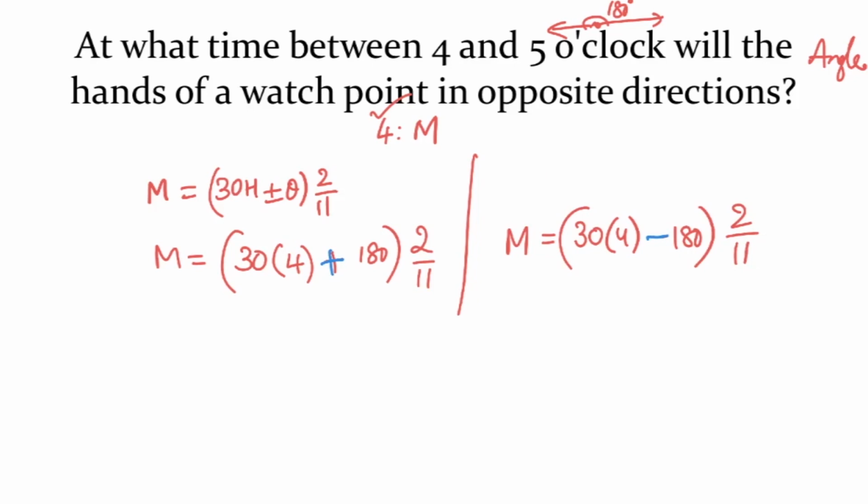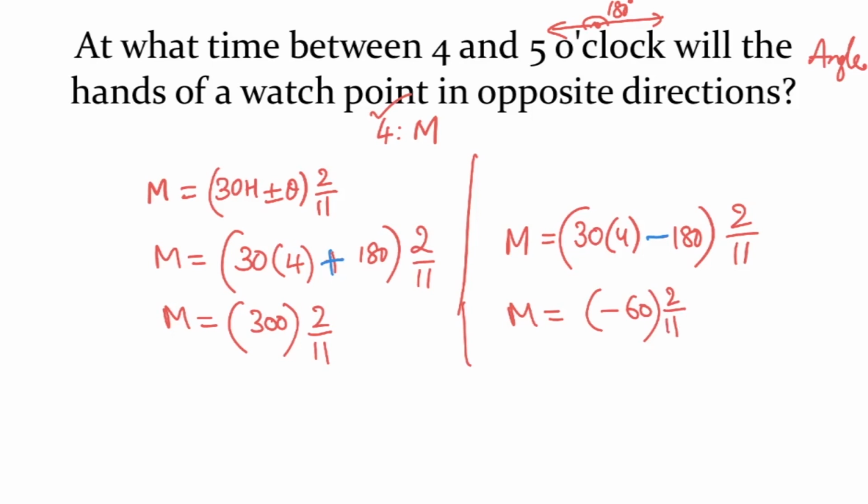Now in the first condition, the number of minutes is equal to 30 into 4, 120, plus 180, 300, into 2/11. And in the second case, the number of minutes is equal to 30 into 4, 120, minus 180, minus 60, into 2/11.